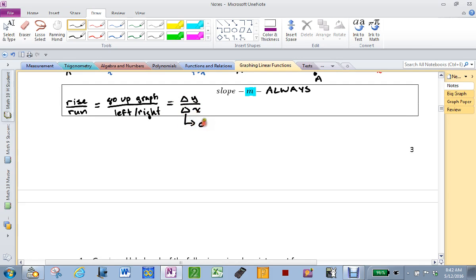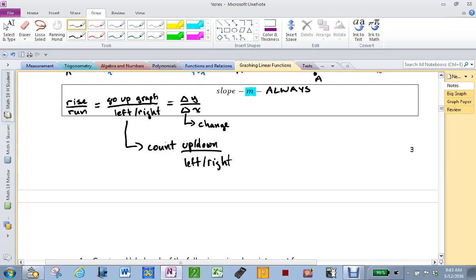Delta is the Greek letter for change. So you can do it that way. On a graph, you can count up, down, and divide it by the count of left to right. That's for on a graph.